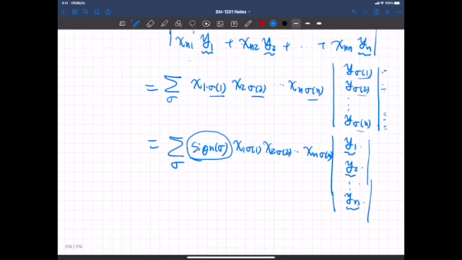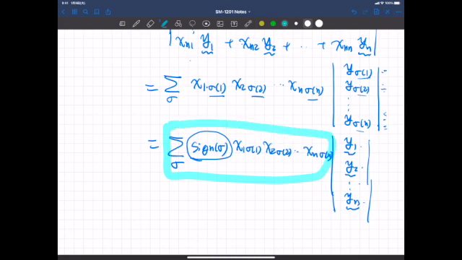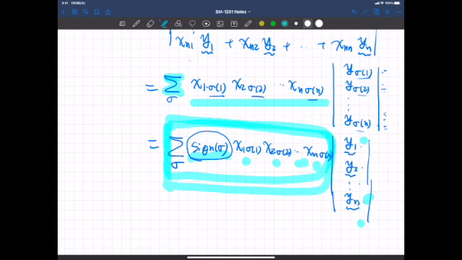Then now look at this part. This determinant does not include sigma anymore. So this summation means over all possible permutations. For each permutation, we have a different sign, right? And different indices. So now consider this part involving the permutations.